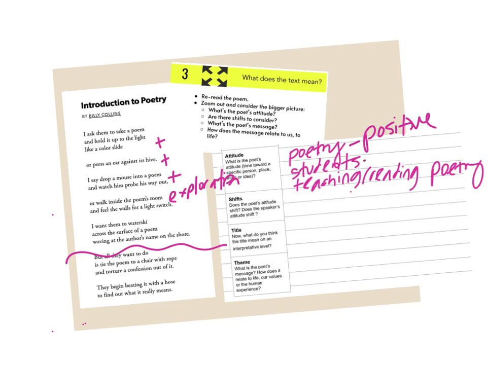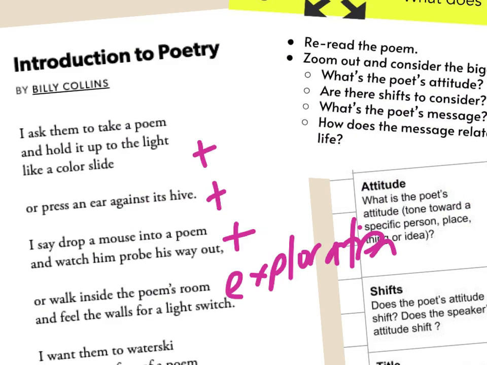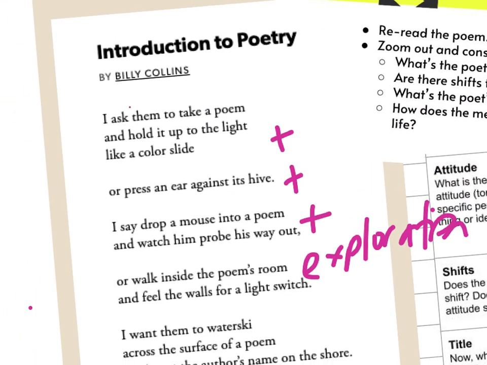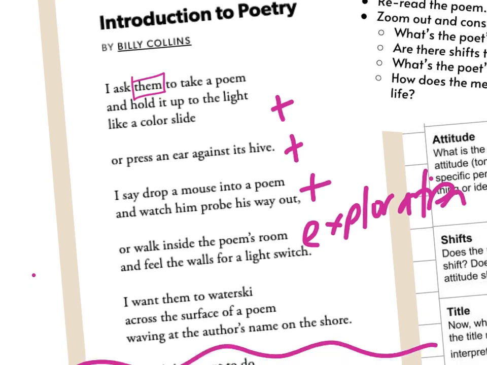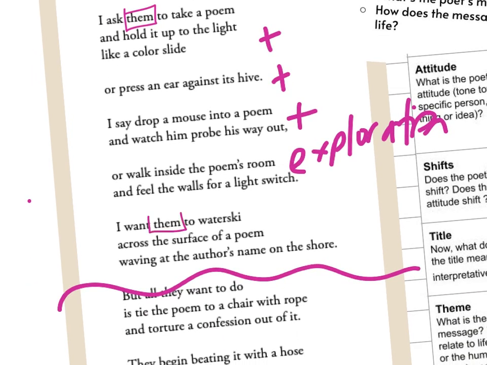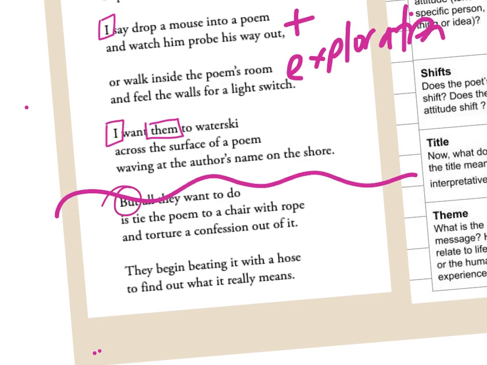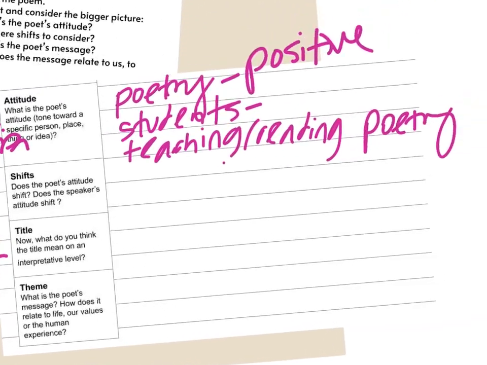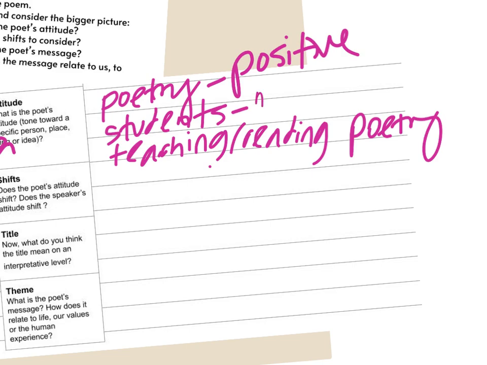When I think about the poet's attitude toward students, I've got to consider how the poet keeps them kind of at arm's length by having a definite separation between the I and the them. This contrast, but all they want to do, that use of the word all, suggests kind of a negative attitude toward how the students approach poetry.